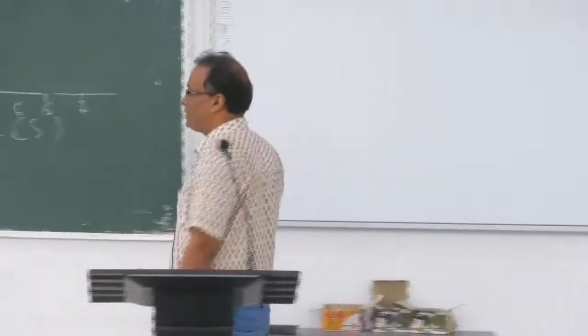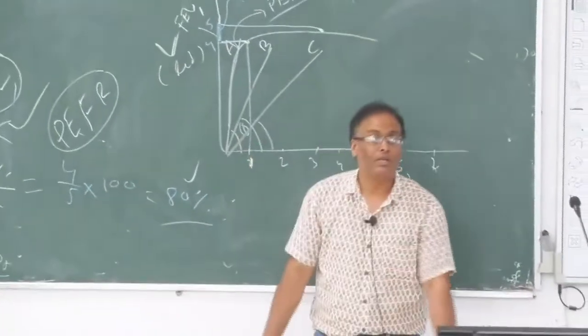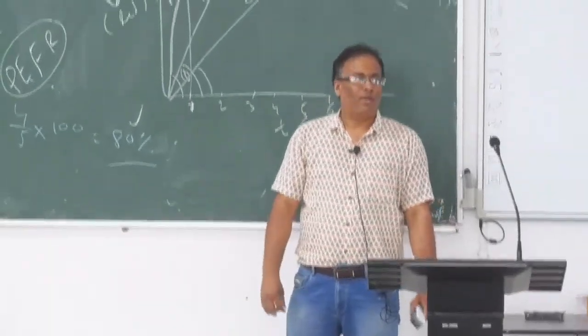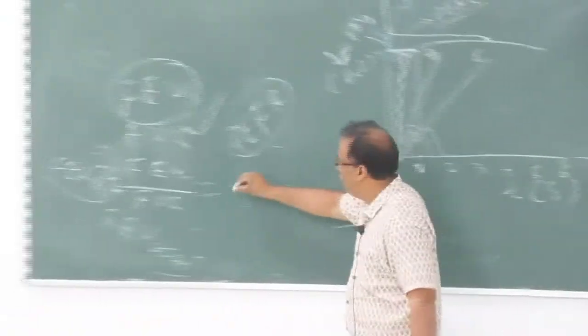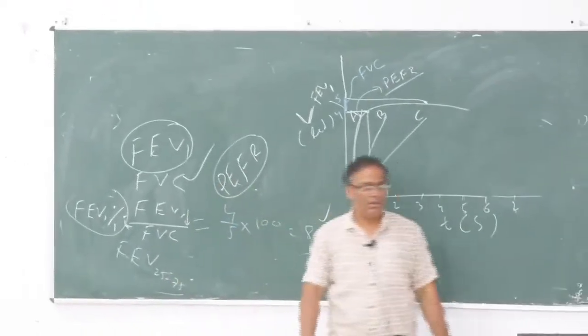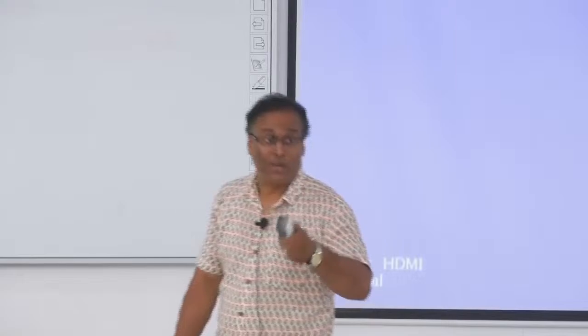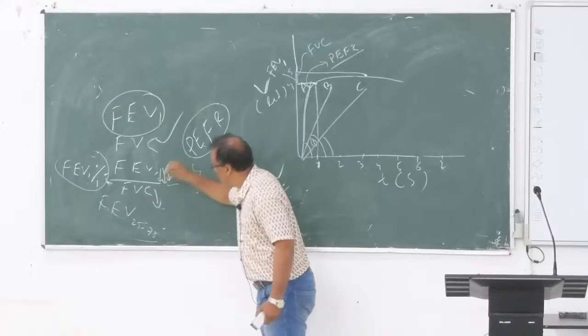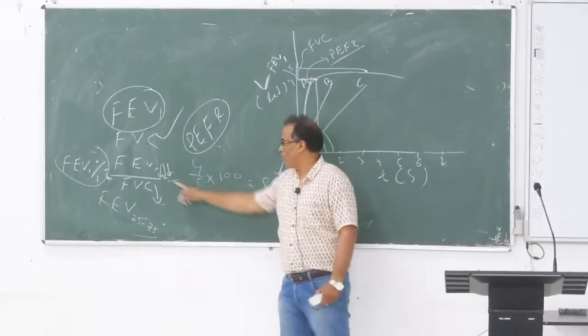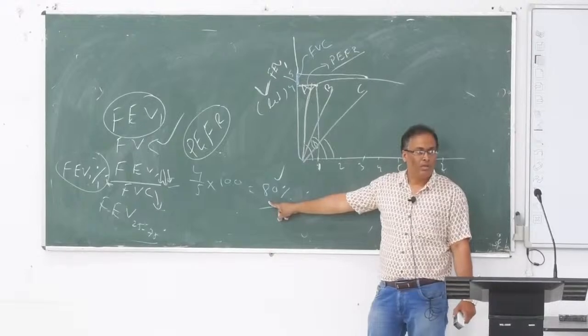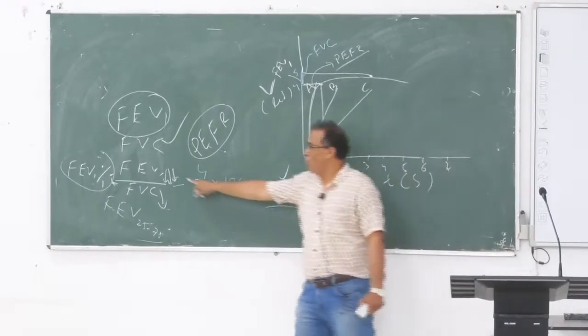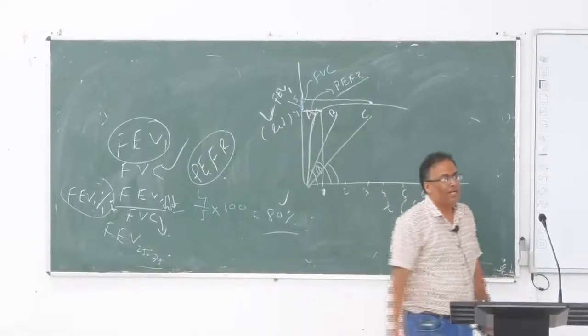In obstruction, the ratio will decrease. It is mostly theoretical that 80% is normal.